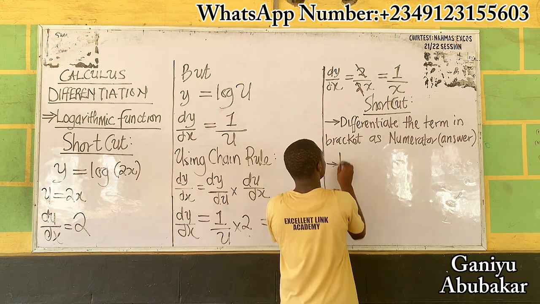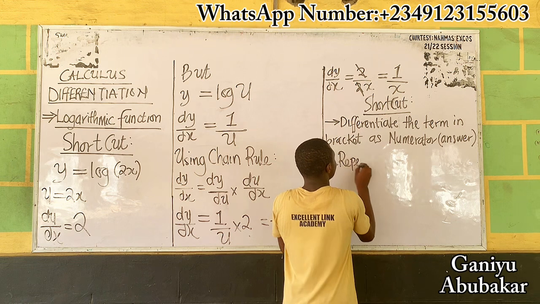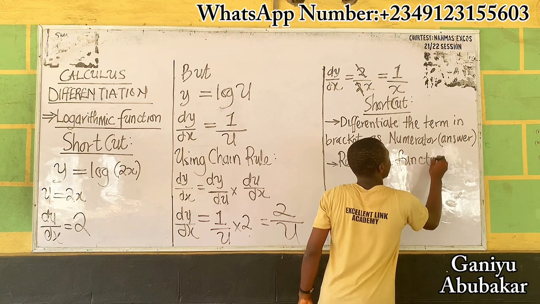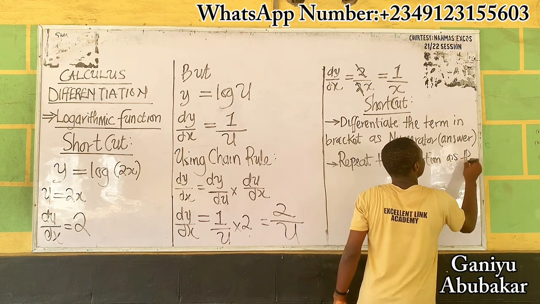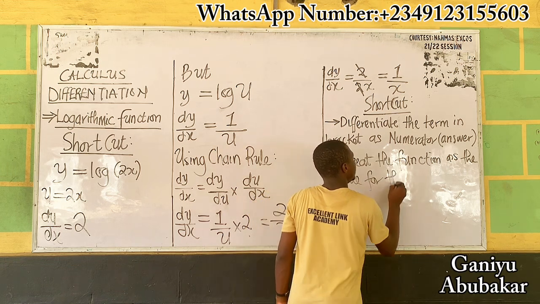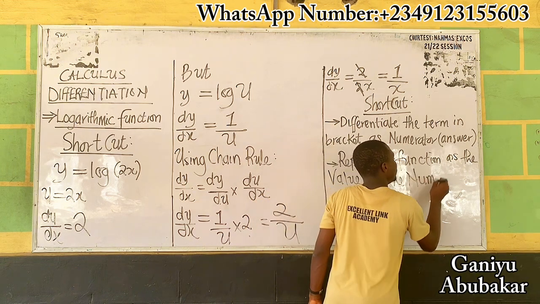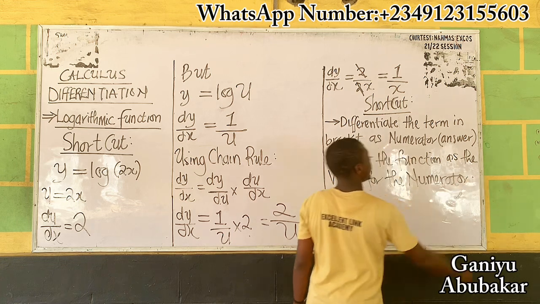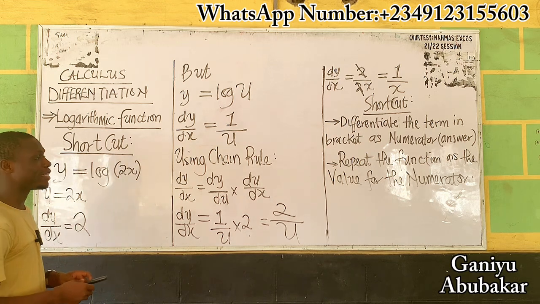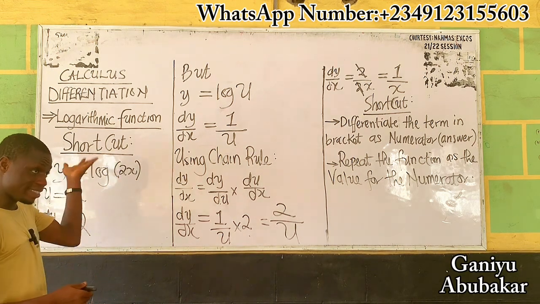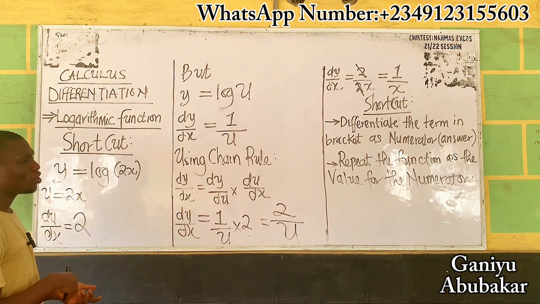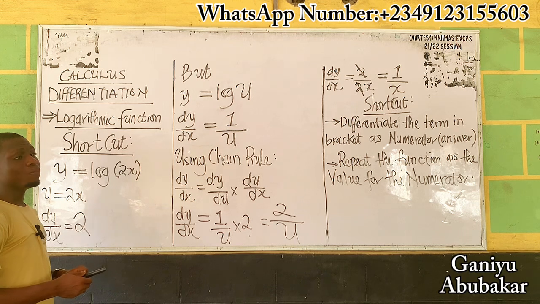So repeat the function as the value for the denominator. First, differentiate the term in bracket as the numerator answer. Repeat the function as the value for the denominator answer.